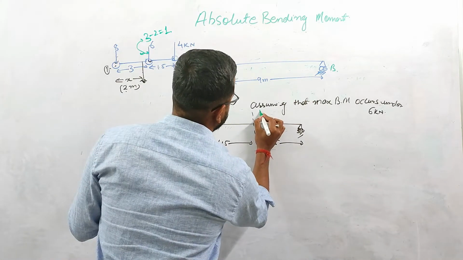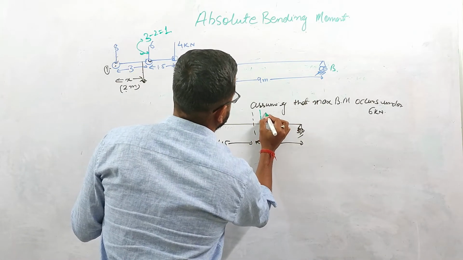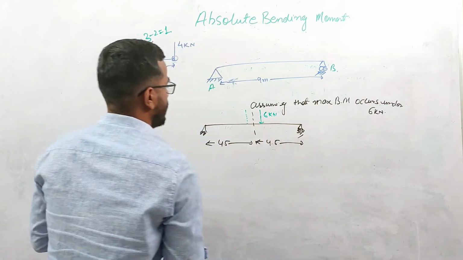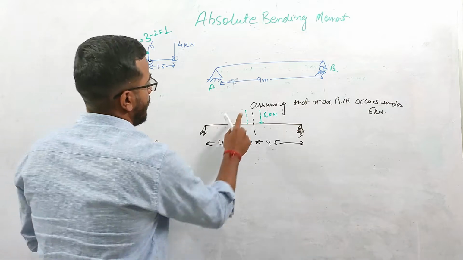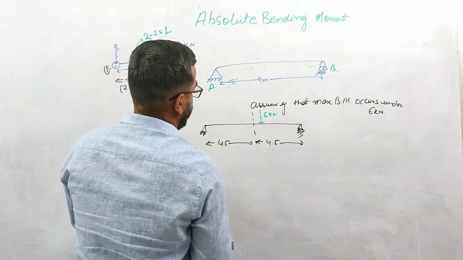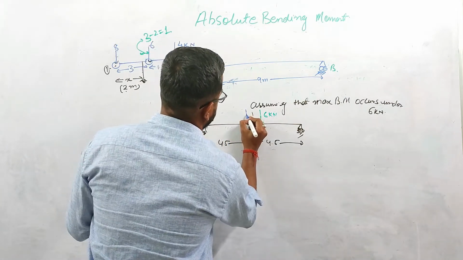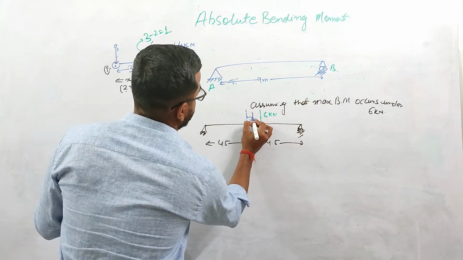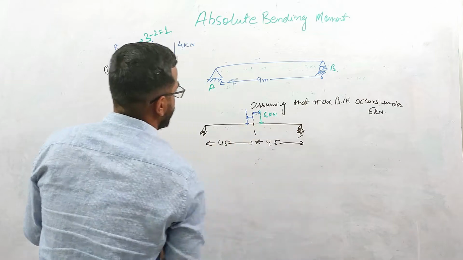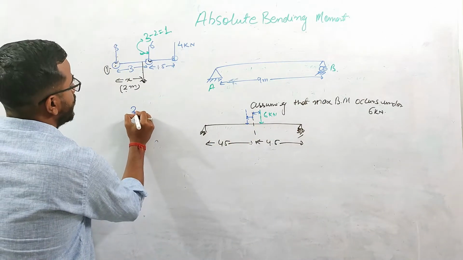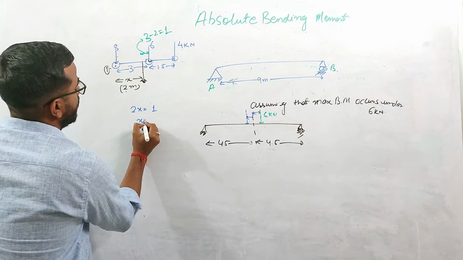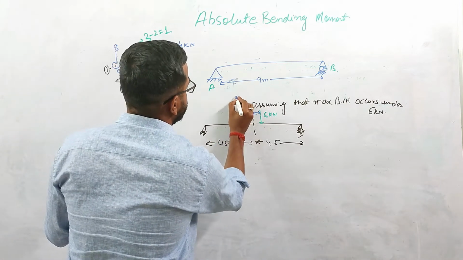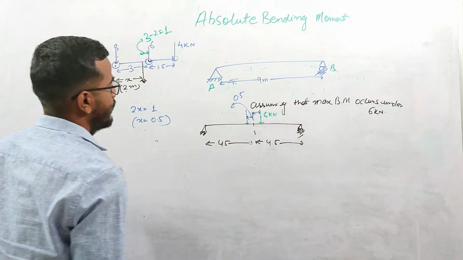So if this is the 6 kilonewton load, this will be our resultant, and both distances will be equal. So I can write 2x equals 1, so x will be 0.5 meter. So this distance is 0.5.